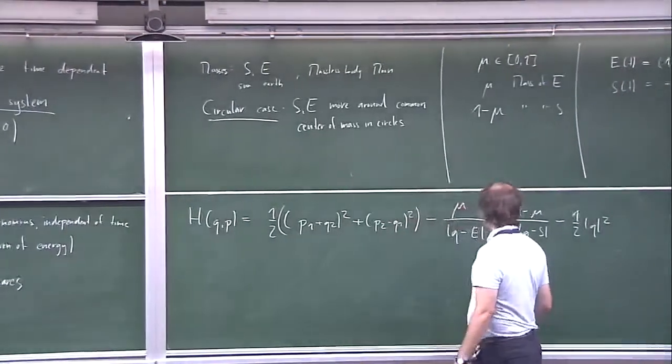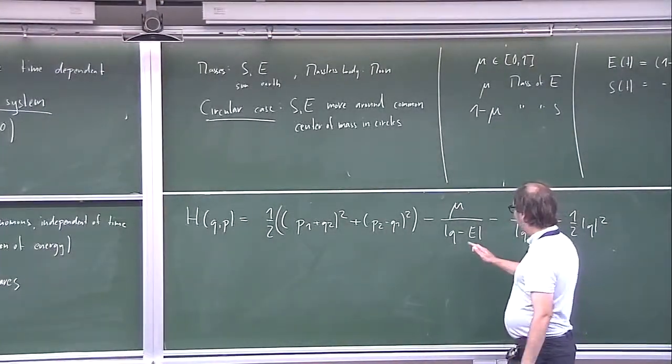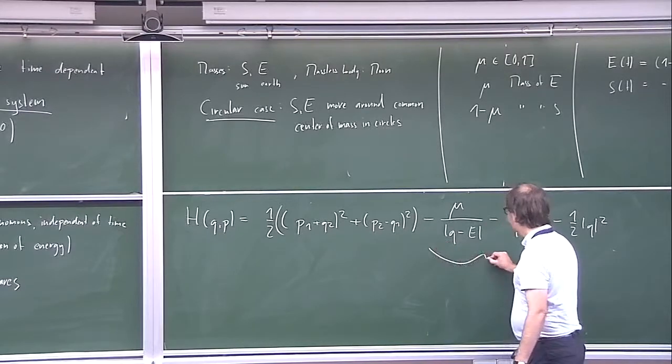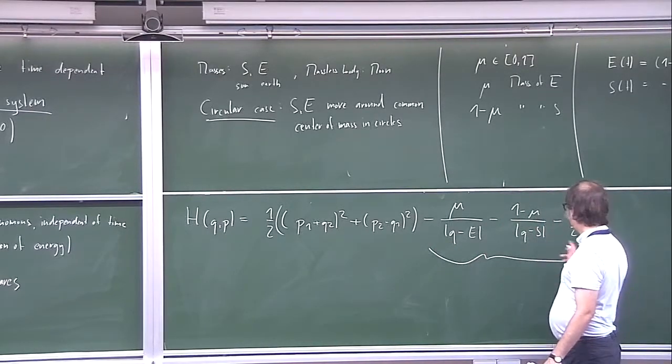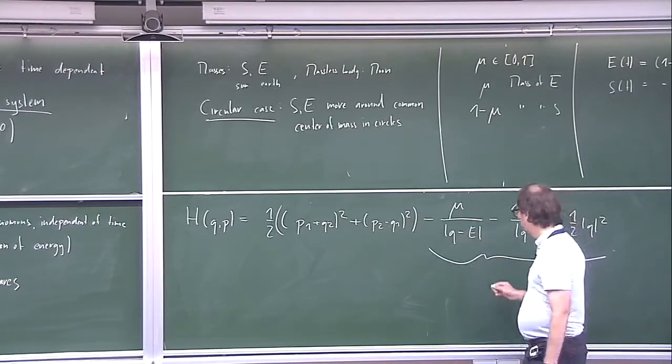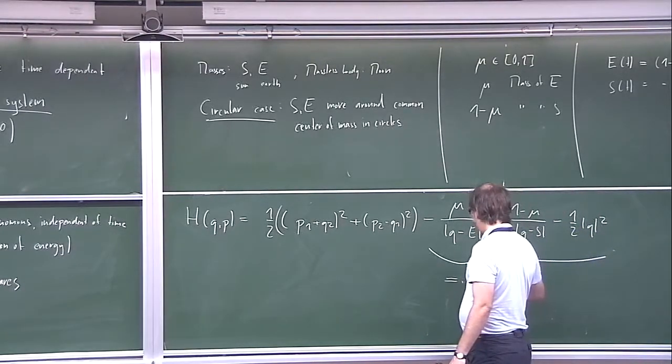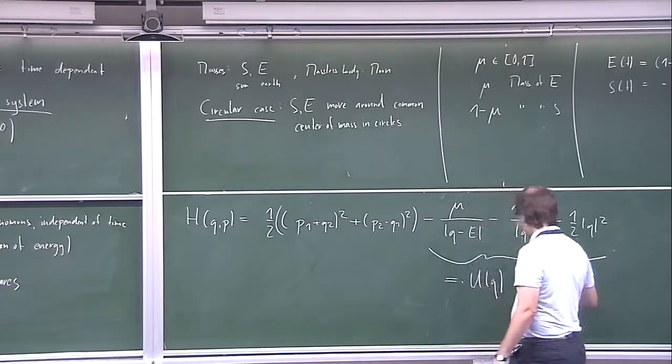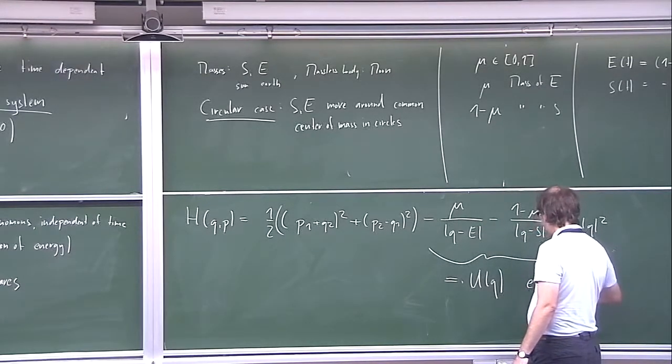The last three terms depend only on Q, independent of P. This is called U(Q), the so-called effective potential.